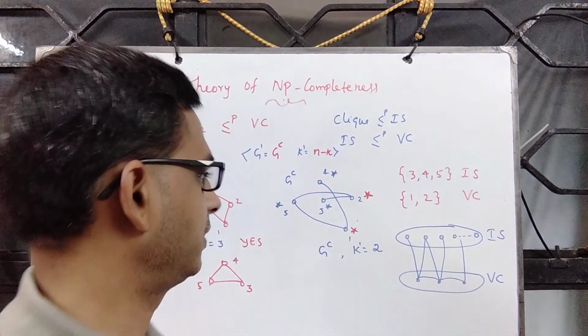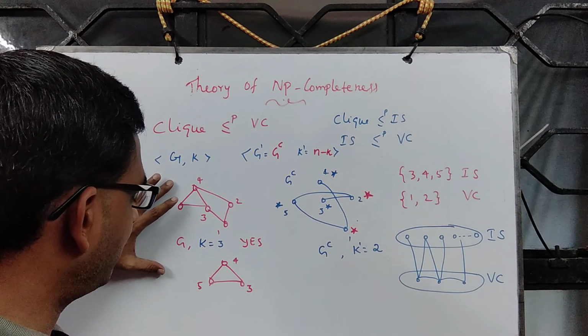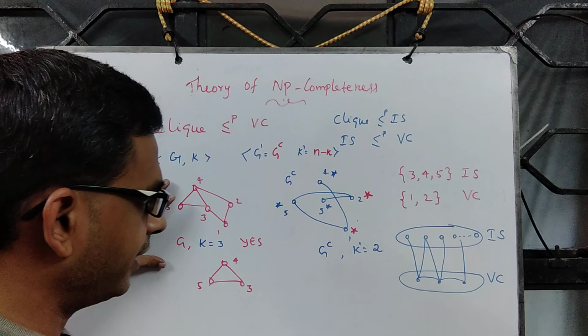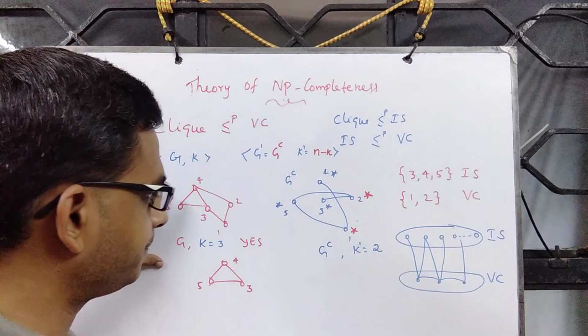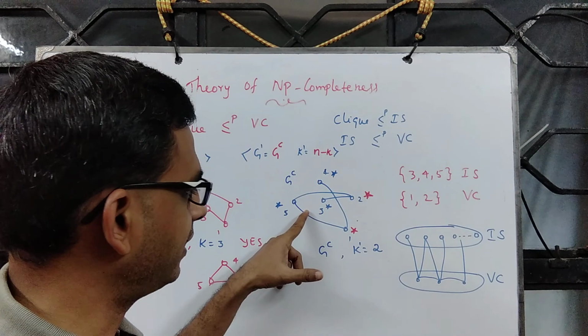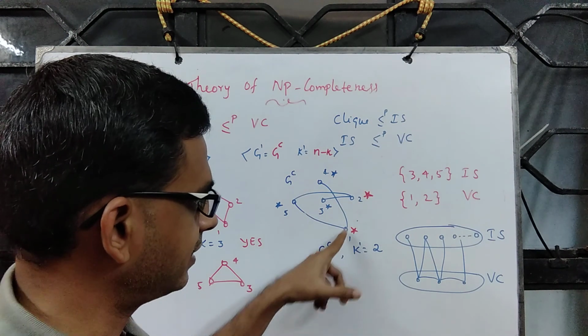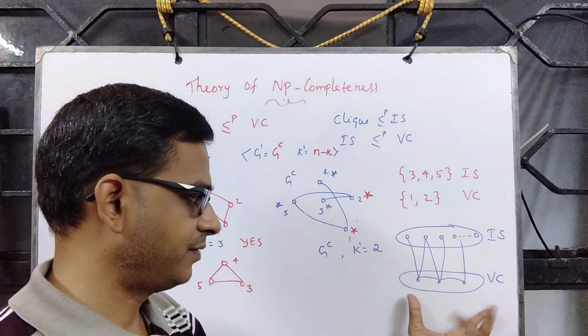So that clearly tells you that a set of vertices that induces a clique here becomes an independent set in the complement, which means the other vertices become the vertex cover.